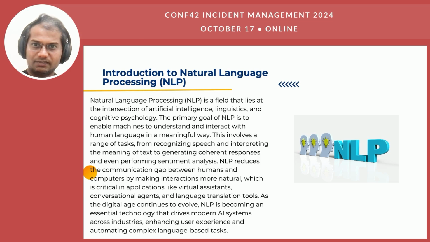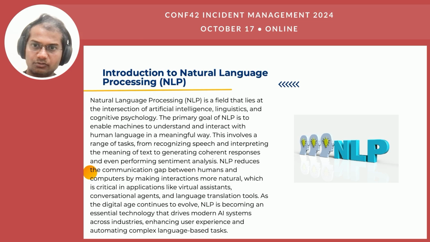Natural language processing lies at the intersection of artificial intelligence, linguistics, and cognitive psychology. Its primary aim is to enable computers to understand, interpret, and generate human language in a meaningful way. NLP encompasses a variety of tasks, from speech recognition and text analysis to sentiment analysis and language translation.